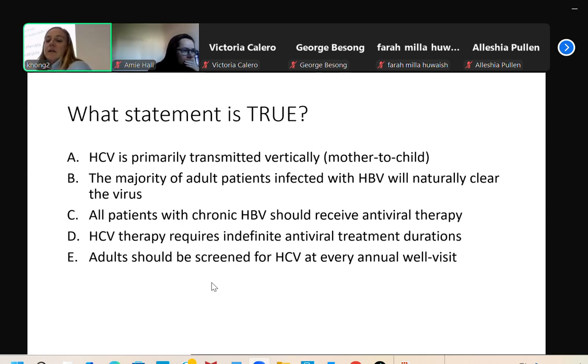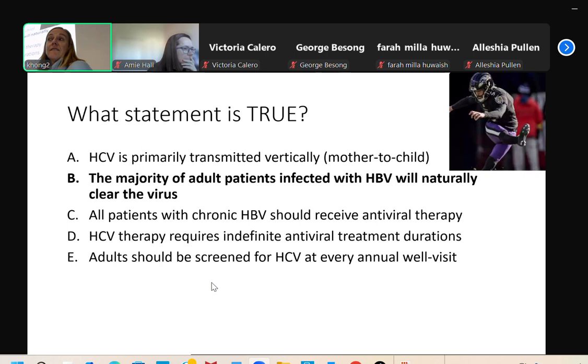I'm going to vote for C. Okay, a few seconds and thirds for C. So Hep C is primarily transmitted bloodborne, right?